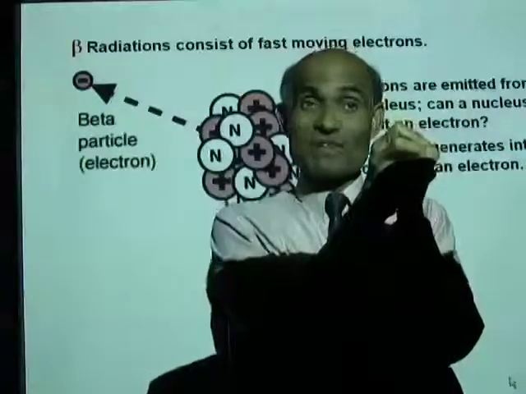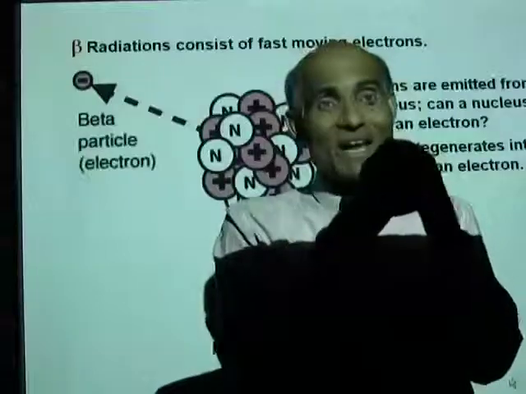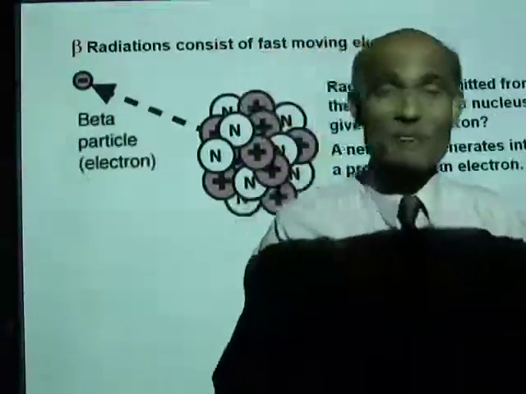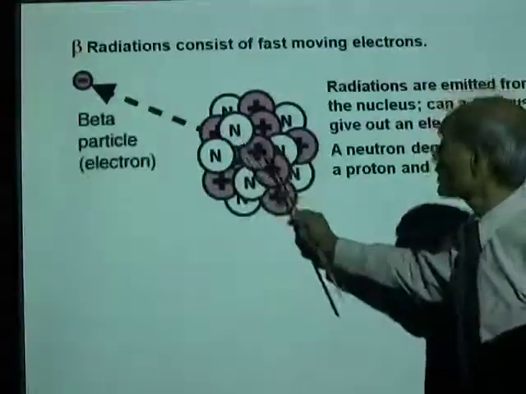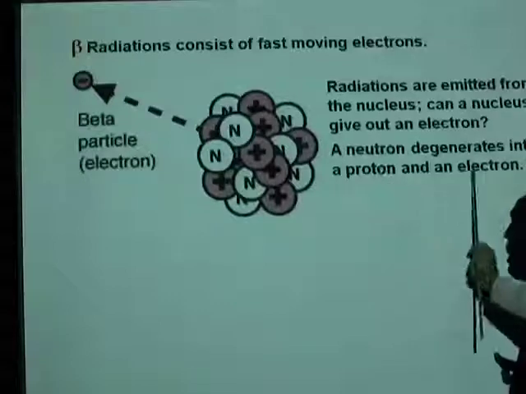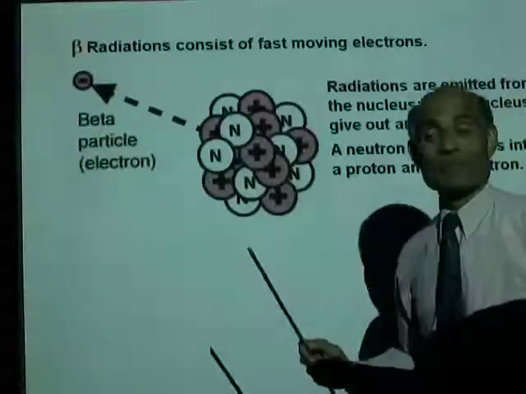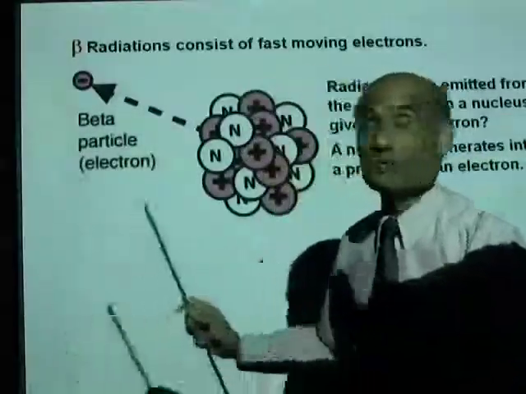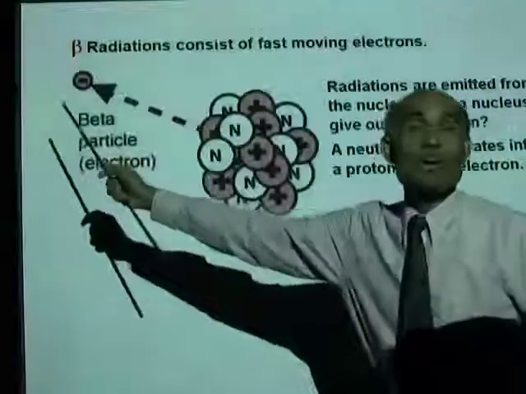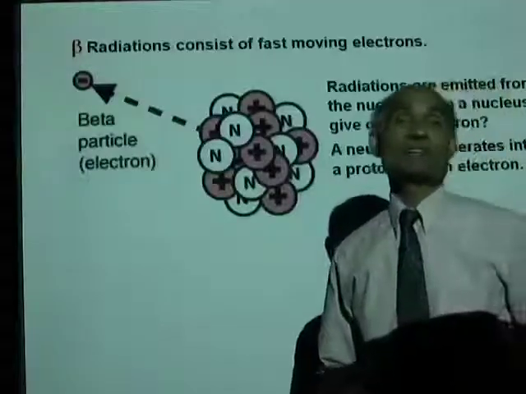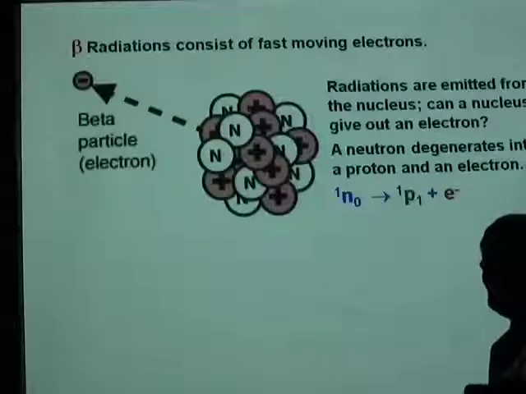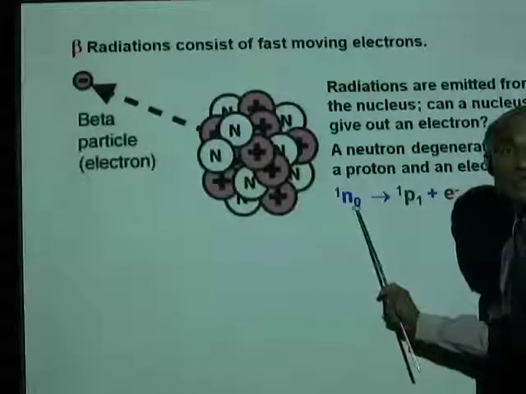When you put them together, they are neutral, and when they separate, you have positive and negative charges. So, inside the nucleus, a neutron can degenerate into a proton and an electron. When that happens, the proton will stay back in the nucleus and the electron is given out as the beta radiation.